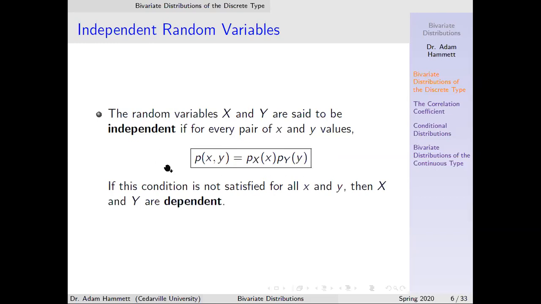That gets at exactly what I said, namely that any event determined by X and any event determined by Y are going to be independent. And if that condition, captured by this little PMF identity right here, is not met, then they are not independent. They are dependent.